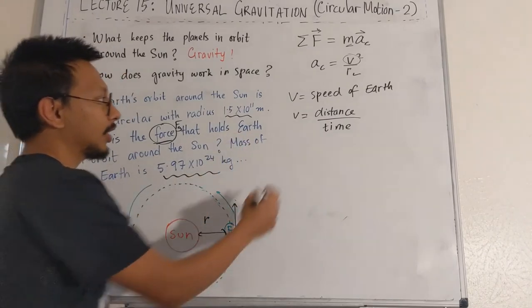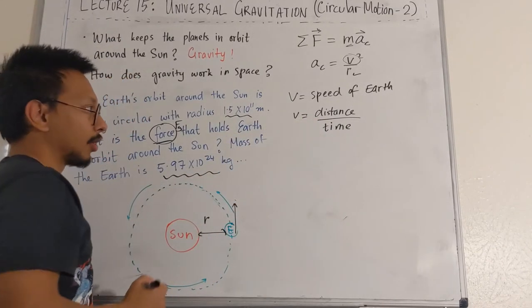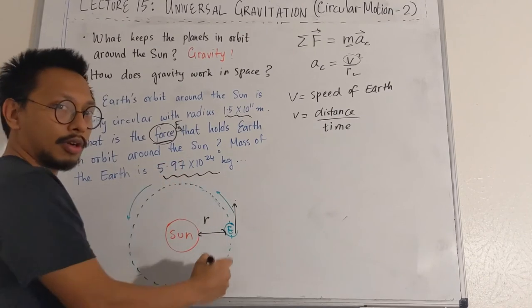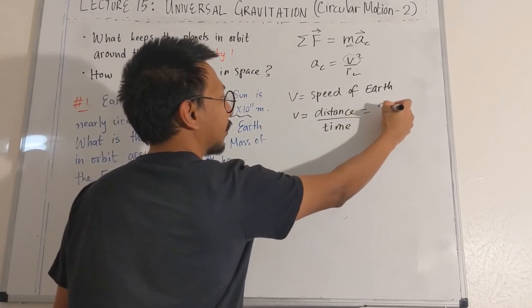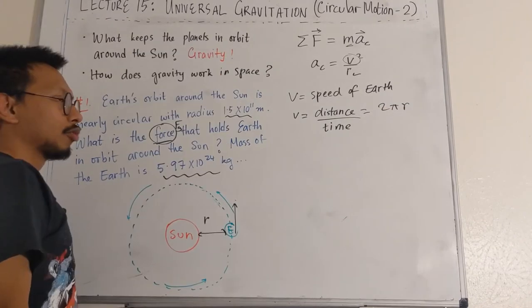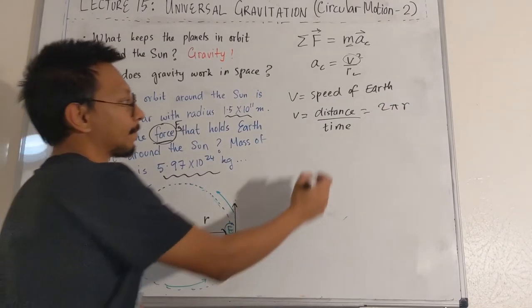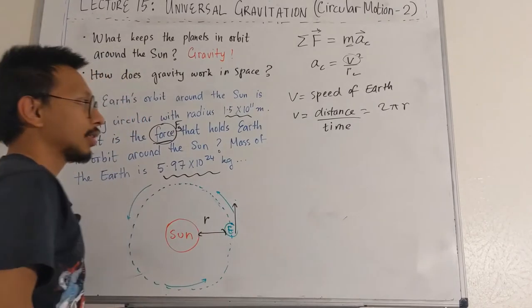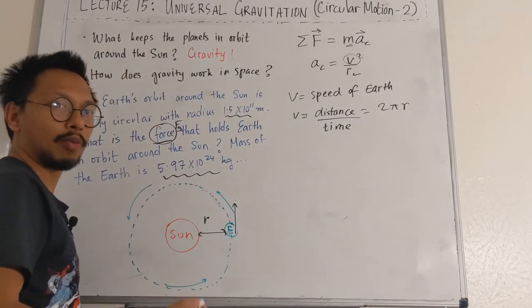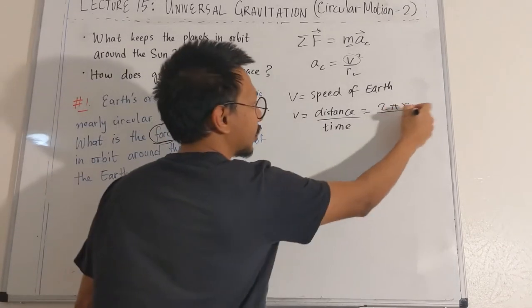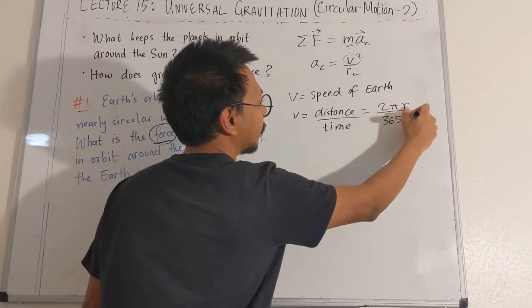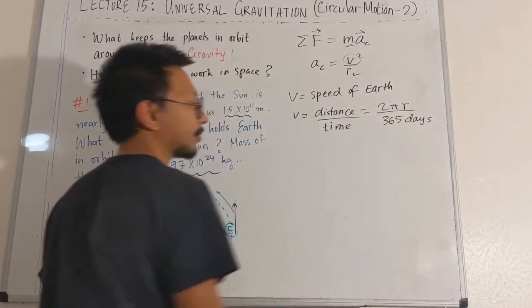Moving on, what is the distance covered by the Earth? Well, since it's moving on a circle, the distance is nothing but the circumference of that circle, 2 pi r, right? And this time would be the time for 1 year it takes to complete one full revolution, which is 365 days.